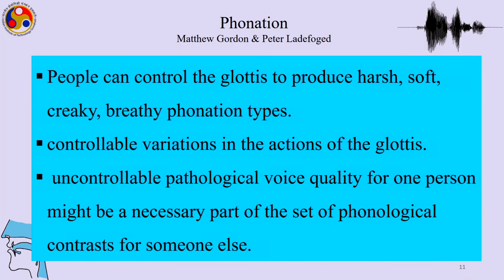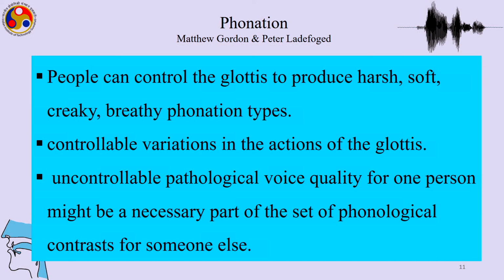Most of this section on phonation is based on the Gordon and Ladefoged paper. Just as we said, people can control the glottis to produce harsh, soft and also different phonation types, and those are controllable variations. We will talk about those controllable variations also very soon.